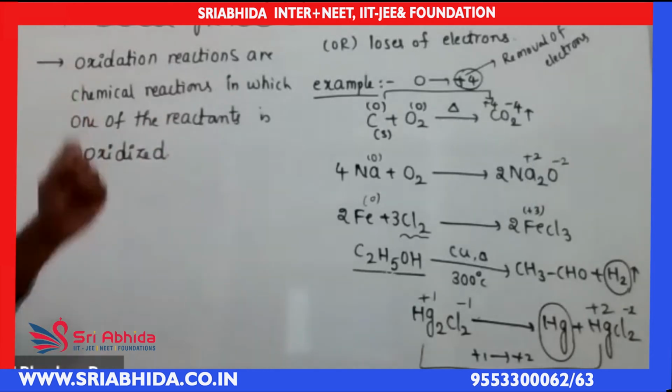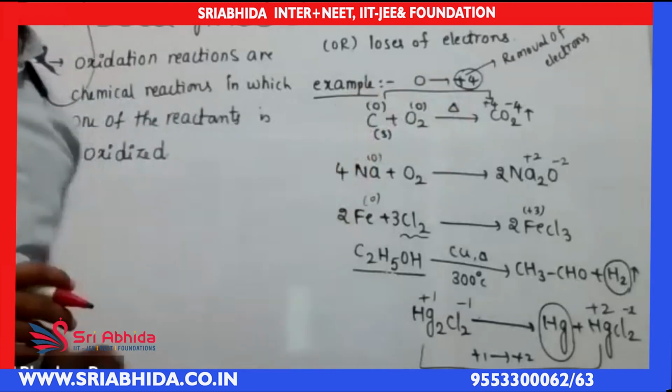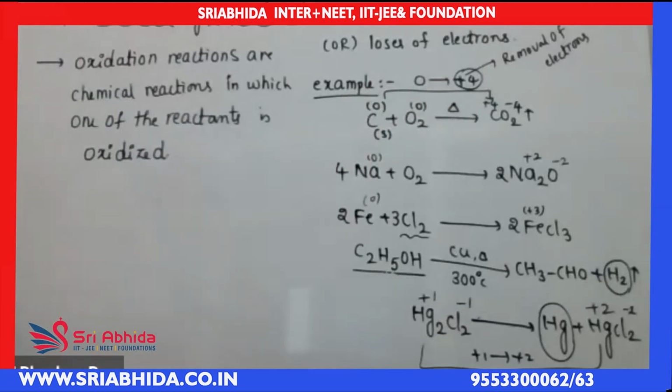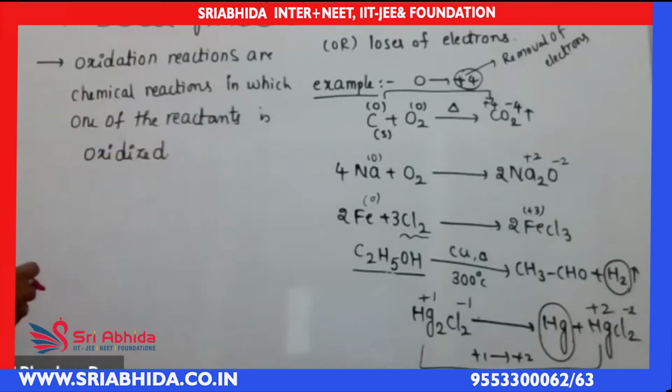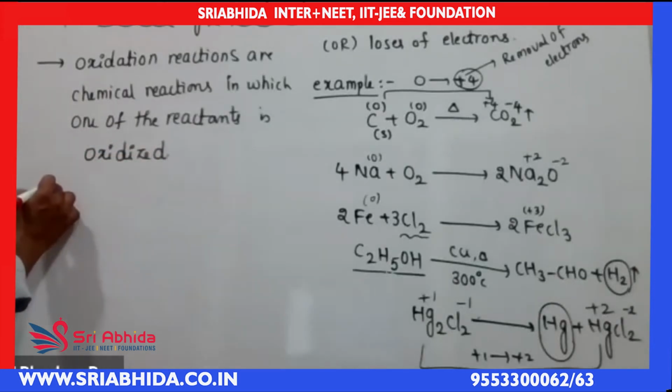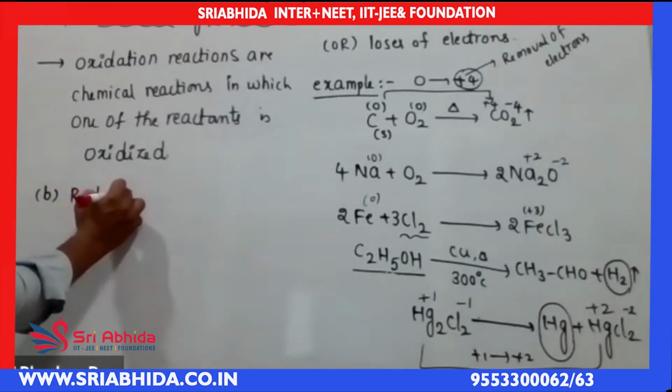Okay, only one of them. So in this case, if you observe, carbon is oxidized. Same like that only. This is the conclusion. Okay, next one is the second one: reduction reactions.